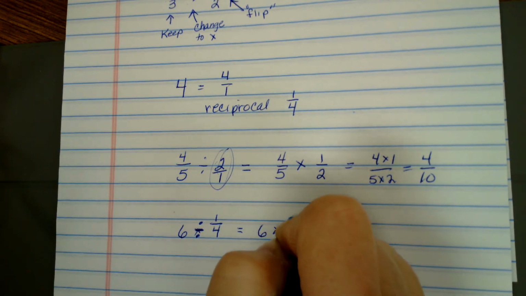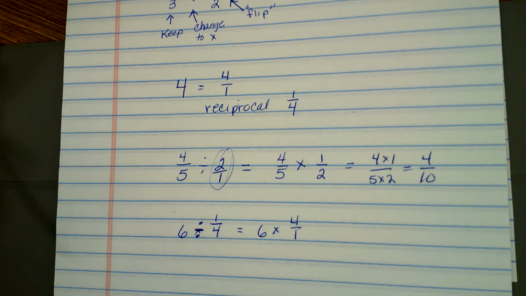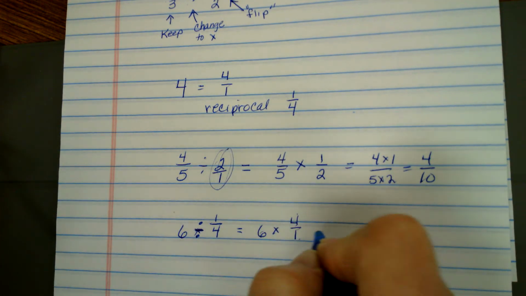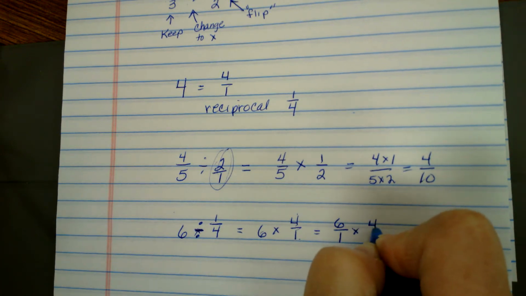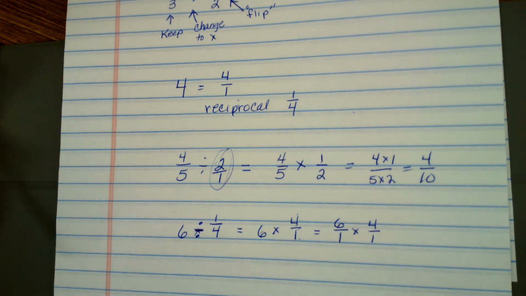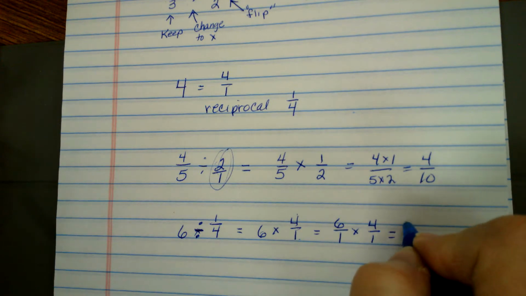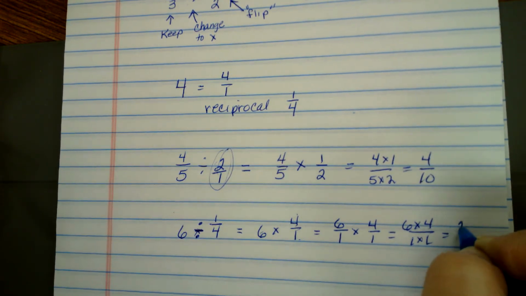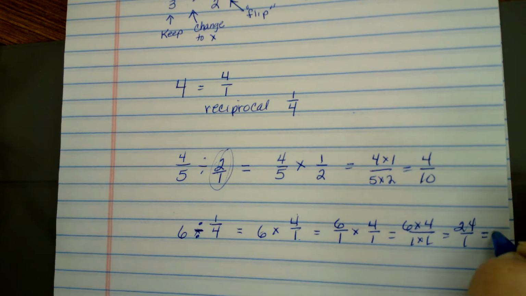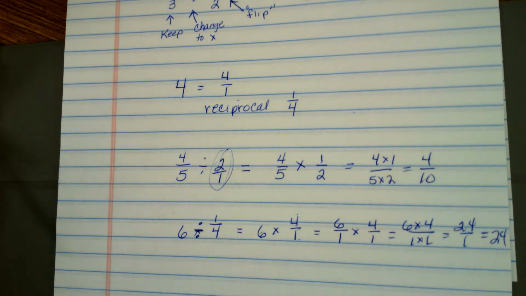So I'm going to change that to 6 times 4/1. It's not 6 times 4 and 6 times 1, because this 6 is the same as 6/1 times 4/1, okay? So now it becomes 6 times 4 over 1 times 1, which is 24/1, or you can just write that as 24, okay?